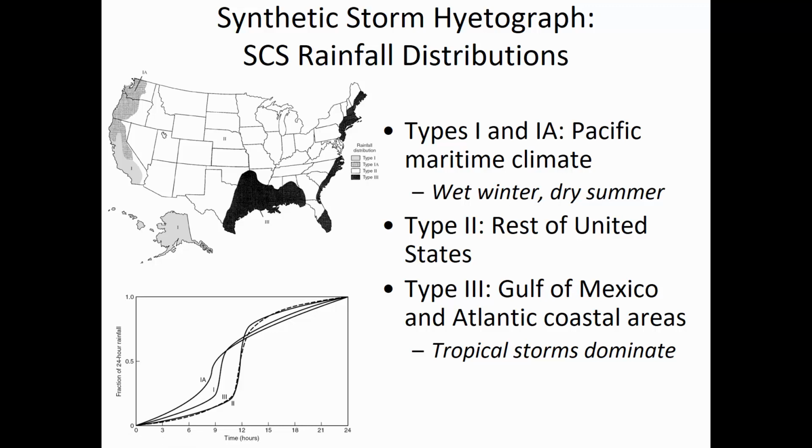This graph has time on the horizontal axis and the percent of a 24-hour storm on the vertical axis. At the end of a 24-hour cycle, you've had 100% of the rain. But the key thing is you don't assume that it's all coming in an even amount during that 24-hour period.